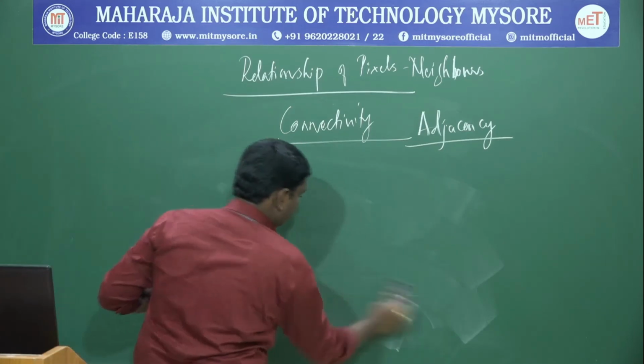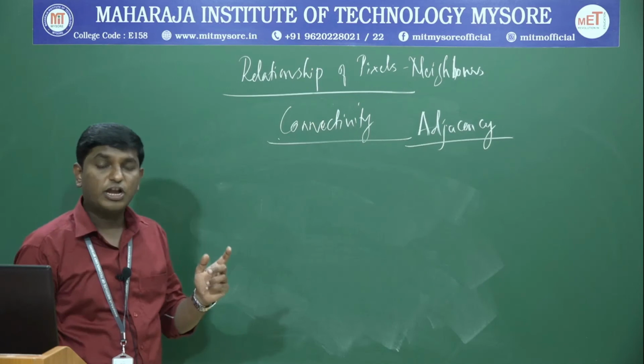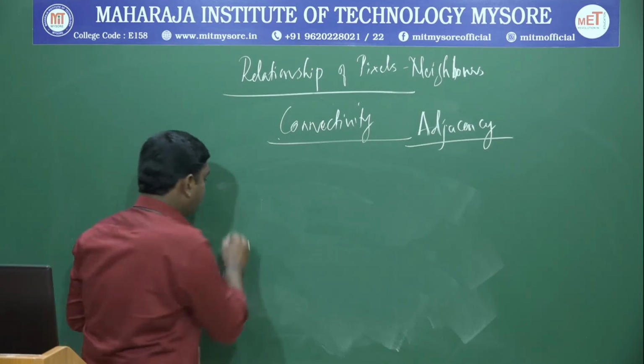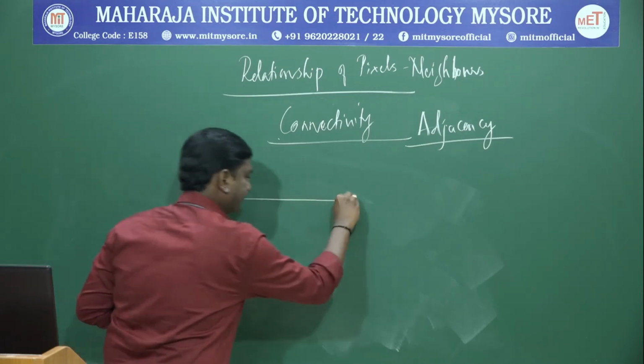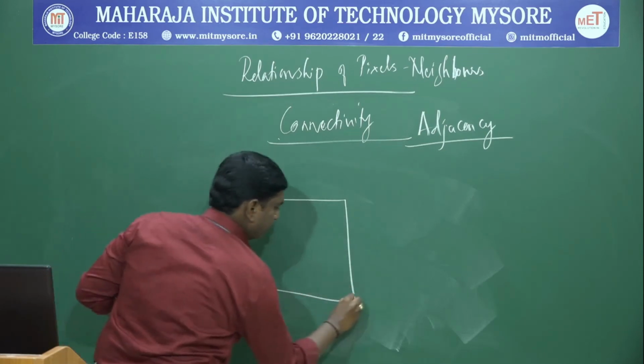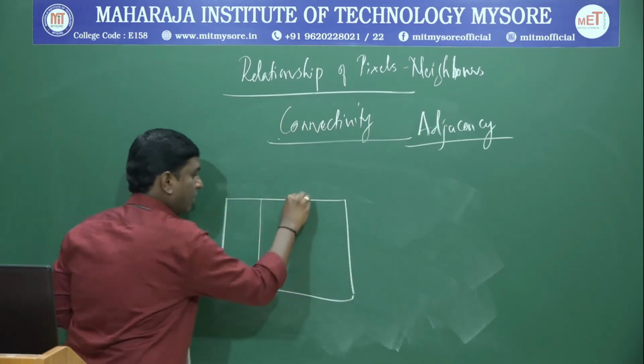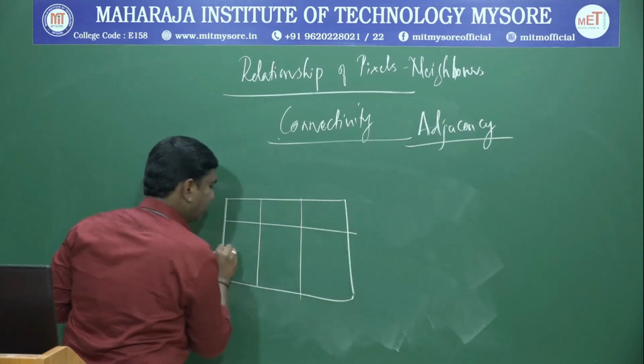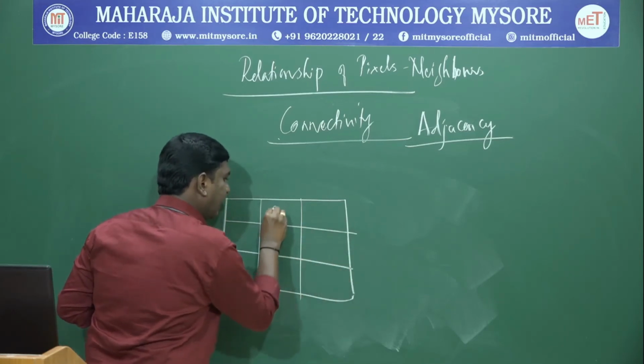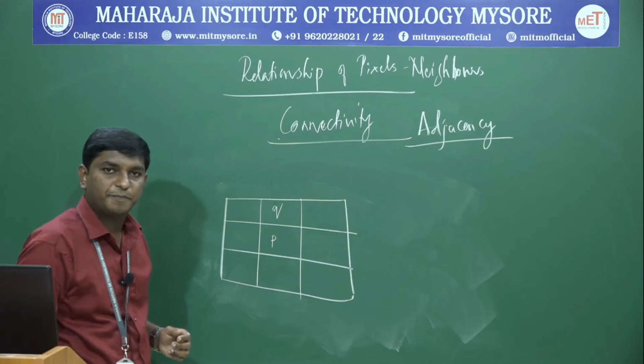Now if I go for binary images, let me give you an example here. Assume that there is pixel P here and there is pixel Q here.